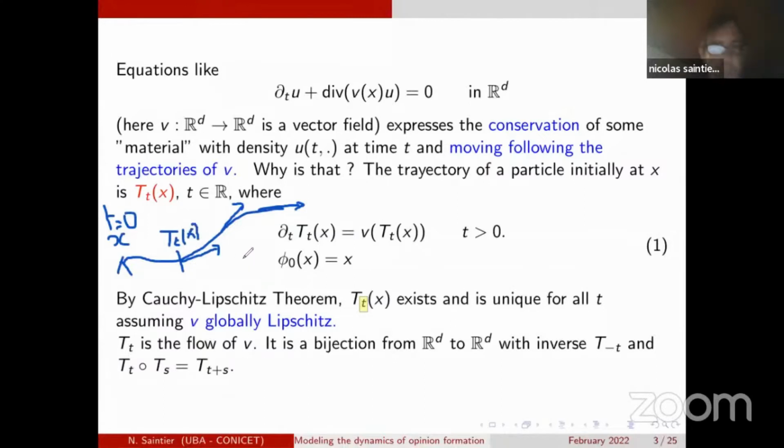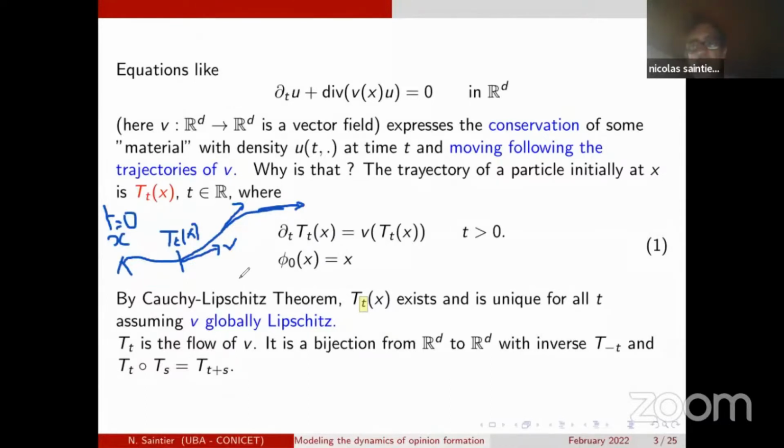All right, and the arrows are V, here it would be V at the point Φ sub t of x, right? So this is very standard, nothing complicated here. This Φ sub t is usually called the flow of the vector field V. And since V is globally Lipschitz, there is a unique solution, so you get that Φ sub t is a bijection from R^d to R^d.